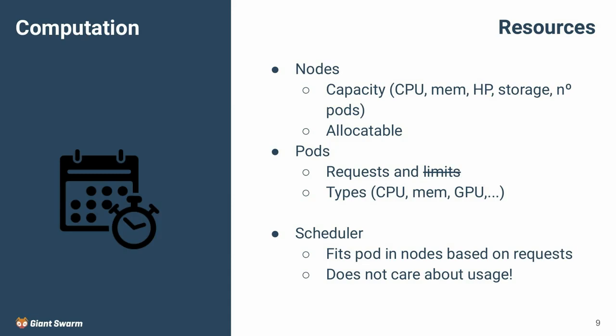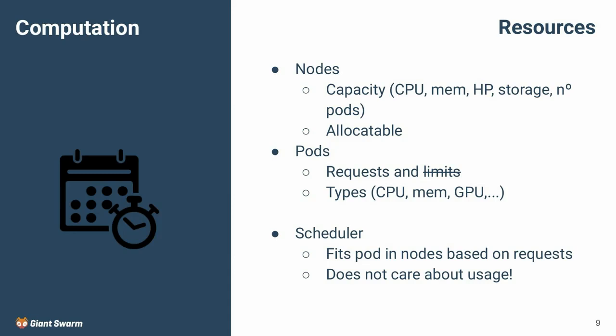But we have to subtract from it all the resources that are consumed by the system components or by the kube components that will run on these machines. So at the end, you will end up with something that in Kubernetes is called allocatable, which is the amount of these resources that are available to your application pods.